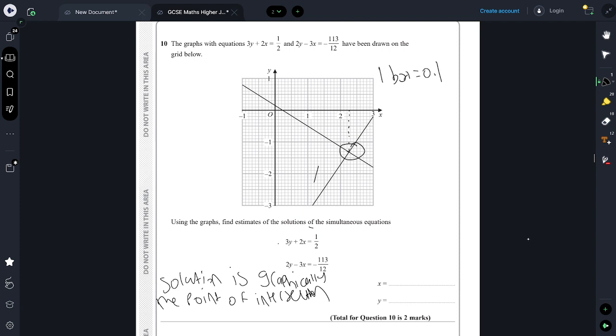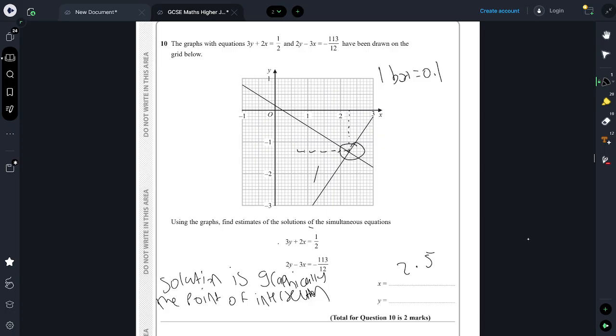So you go 2.1, 2.2. I know it's very tiny, and then it's between 2.2 and 2.3. I think 2.5 is a reasonable number here. And then do the same with y. With y, it's actually on this line here.